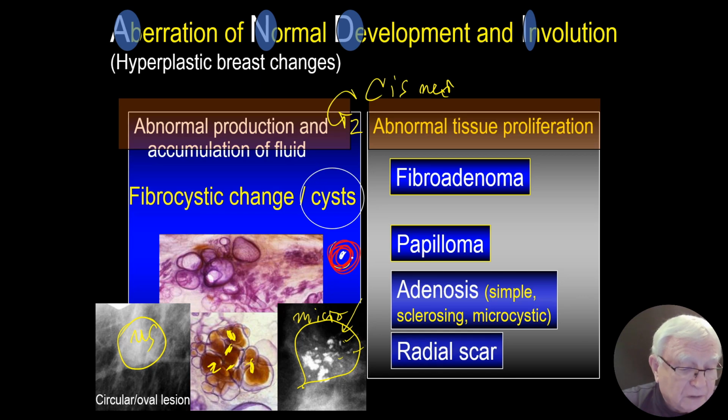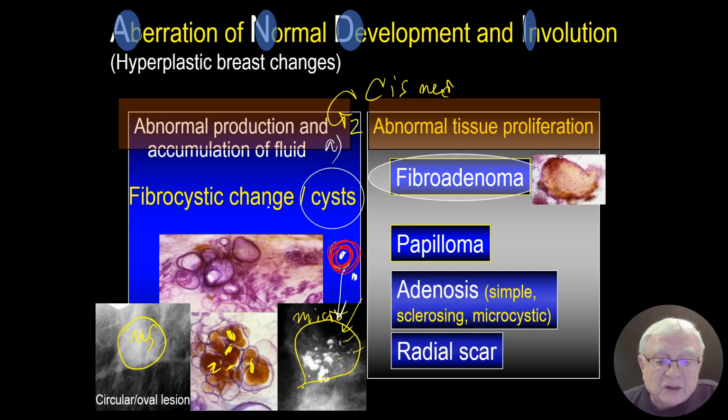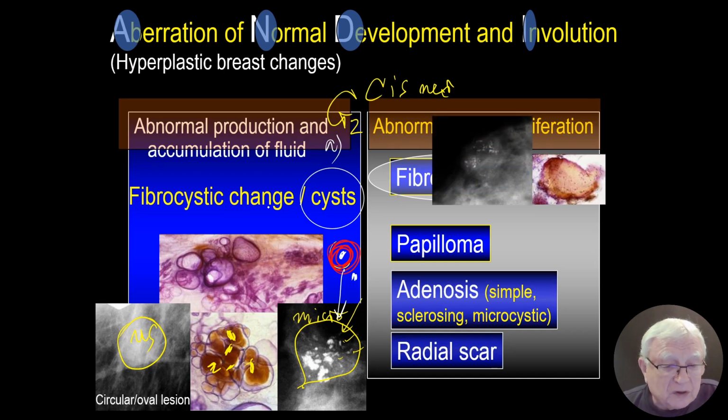And so the calcification is going to be very much like the calcification in fibrocystic change. Likewise, when fibroadenoma is aging, then hyalinization takes place. Here we go again. Cluster irregular calcifications.